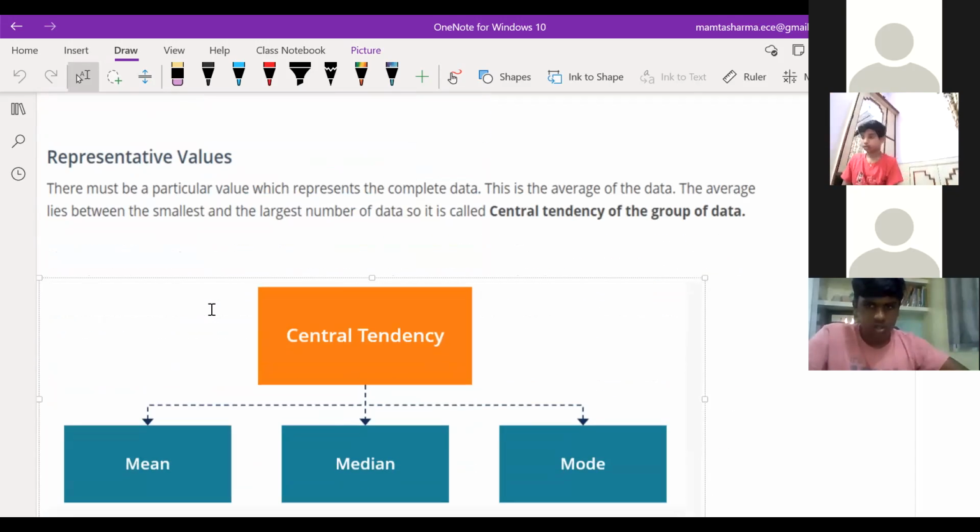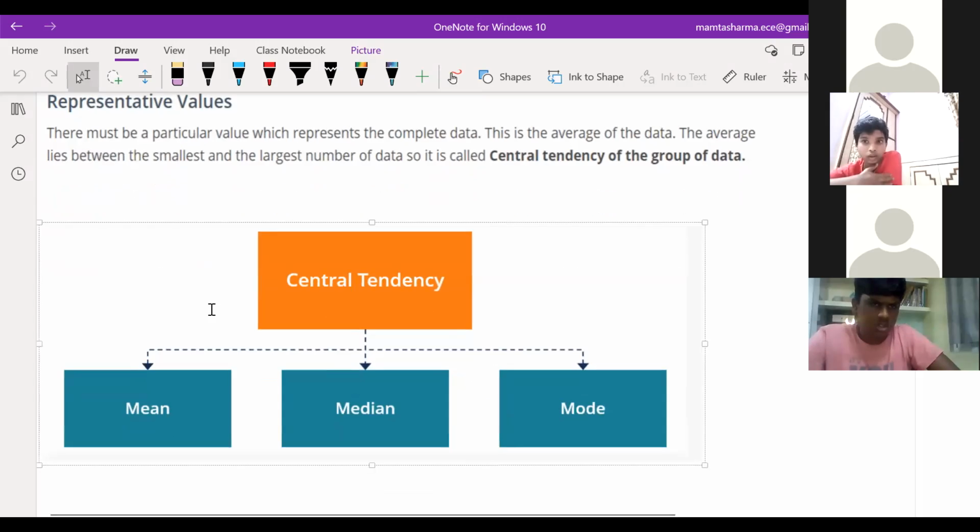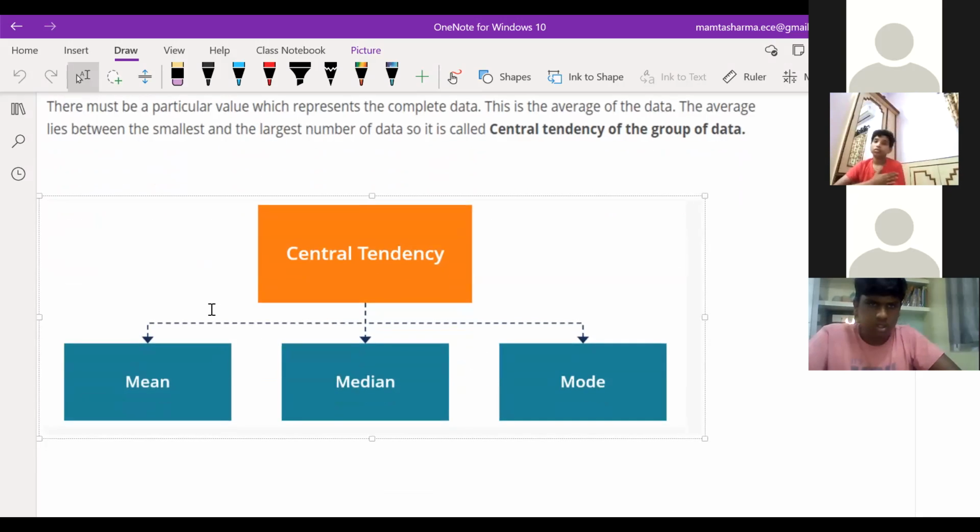Now you have represented data in tabular form. Now how will you find the representative value that will represent the data? That representative value is called the central tendency of data. Central tendency is of 3 types: mean, median and mode.